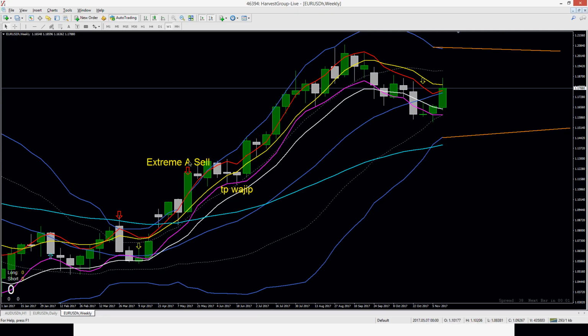Okay. However, what we have here is extreme A sell. You have TP wajib. The price has gone up. However, there hasn't been any candlestick momentum so far. So there's a big indication of the market slowing down, and it doesn't have any more momentum to go up.